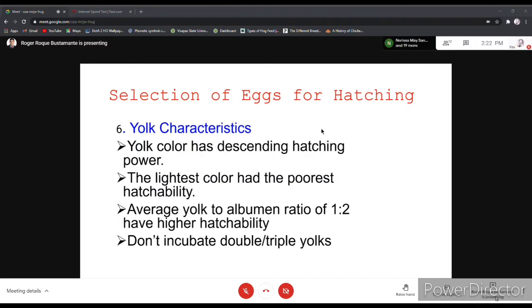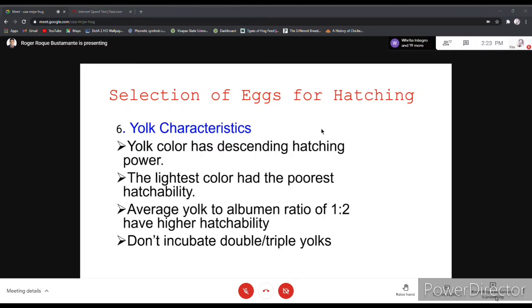And don't incubate double or triple yolks. Multiple or double yolks we do not incubate because they cannot develop. Their embryo cannot develop. A double yolk is possibly a product of stress, possibly out of miscommunication of the regions of the reproductive system, some alterations.